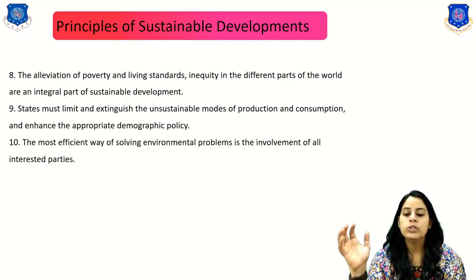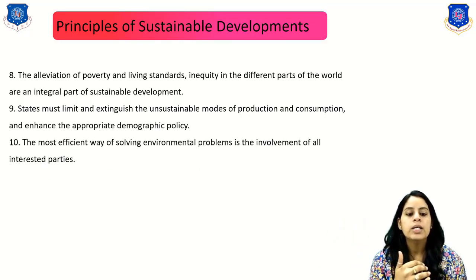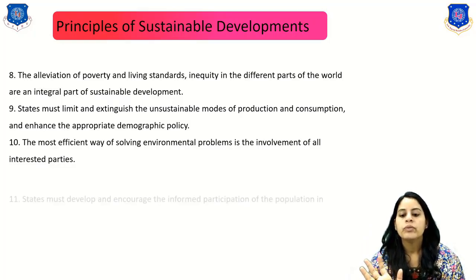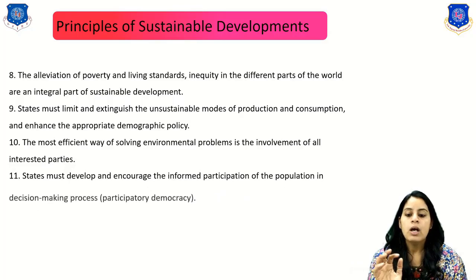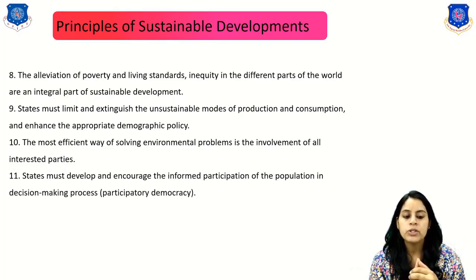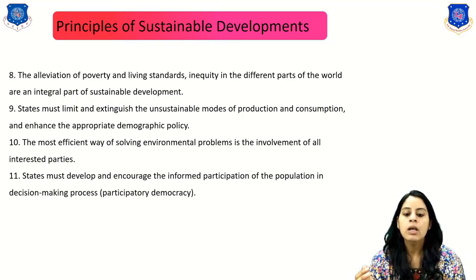Then the tenth, which is that the most effective way of solving environmental problems is the involvement of all interested parties. And the 11th, which is that states must develop and encourage the informed participation of the population in the decision making process. It means participatory democracy.